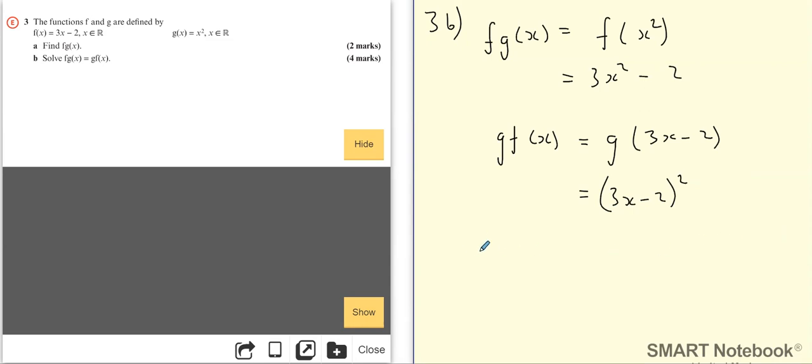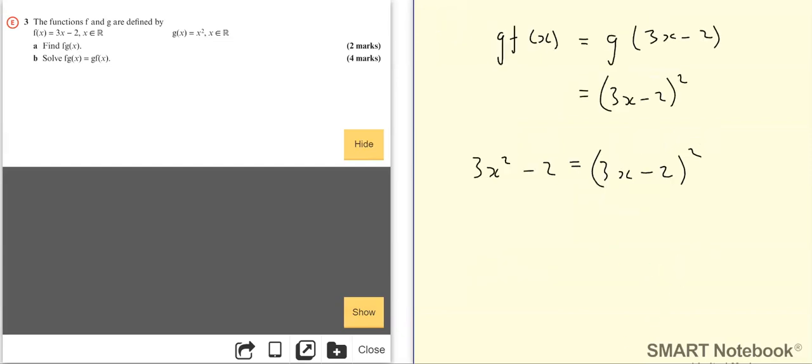So now when we have to solve that equation, we are going to say 3x squared minus 2 equals 3x minus 2 all squared. And if I expand and simplify that, we get 3x squared minus 2 equals 9x squared minus 12x plus 4.